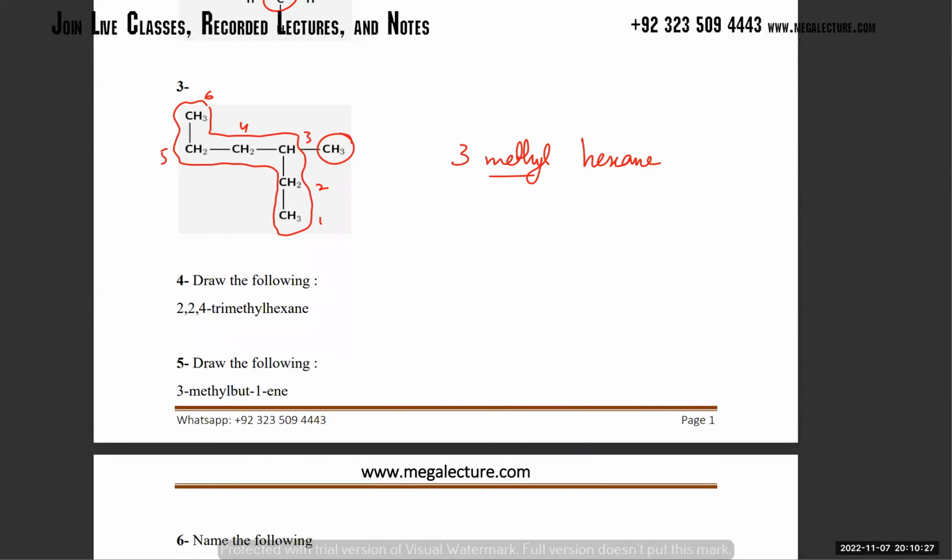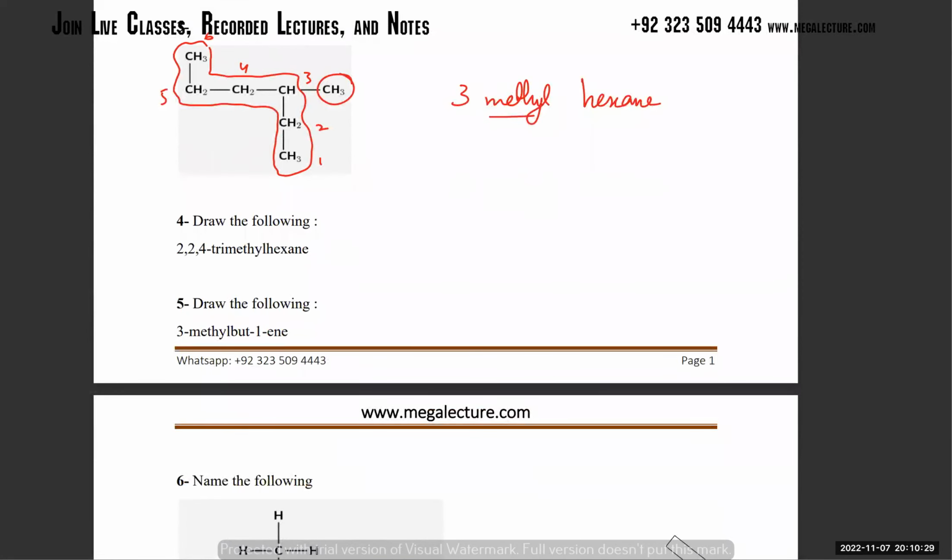Yes. Now for drawing. When you're doing the opposite, start with the main chain. That's hexane, which means 6 carbon atoms. Then you write the branches on top of it. It's trimethyl, 3 methyls, at 2, 2, and 4. So two of the methyls are at 2, and there's another one at 4.